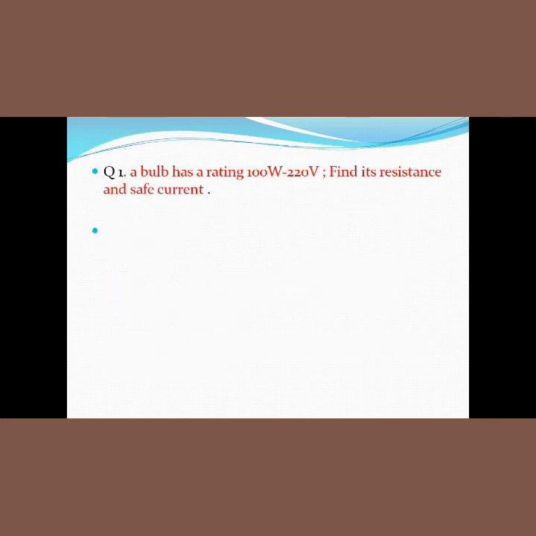Let us take that very instance for the following numerical problem. A bulb with rating 100 watt 220 volt written on it, what will be its resistance and safe current?